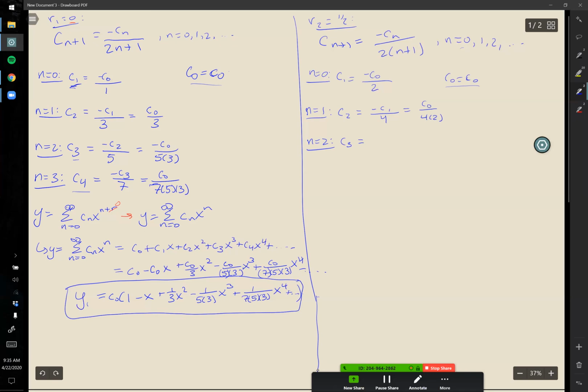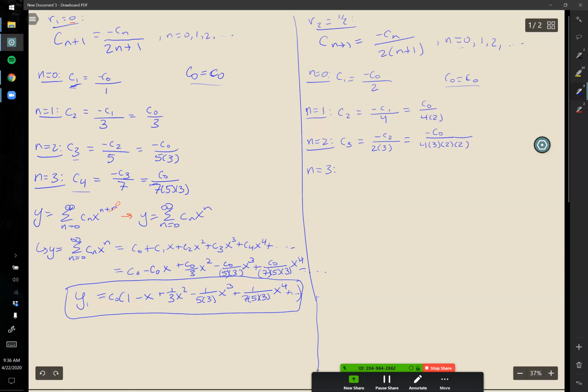C3 is going to equal negative C2 over 2 times 2 plus 1, which is 3, so 2 times 3, which is 6. What was C2? It was C0 over 4 times 2, so C3 is negative C0 over 4 times 3 times 2 times 2.